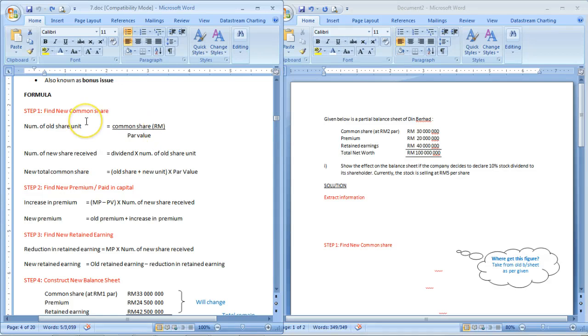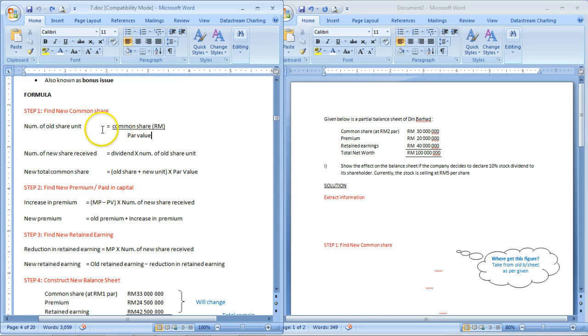The first step, you need to calculate the new common shares. By new common shares, I mean the shares that the company wants to give as the stock dividend. Sorry, extra shares. How many new shares will the shareholder receive?